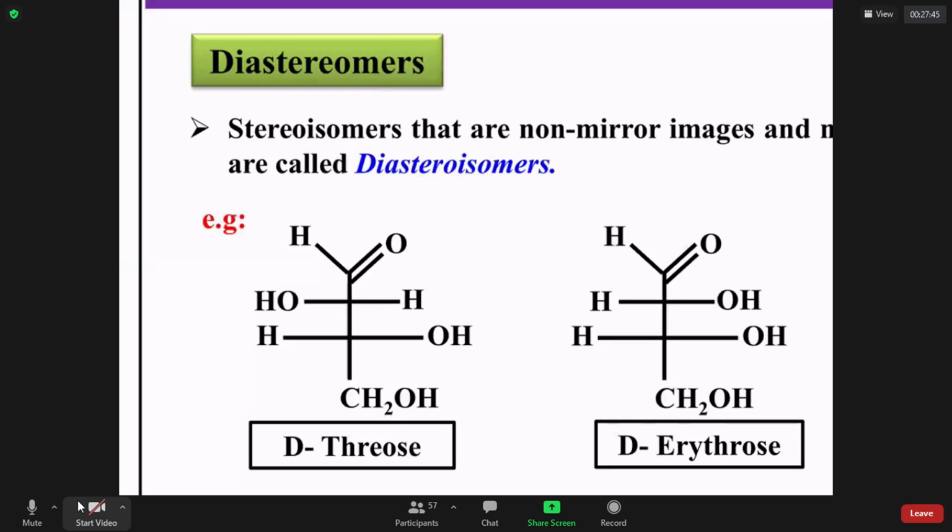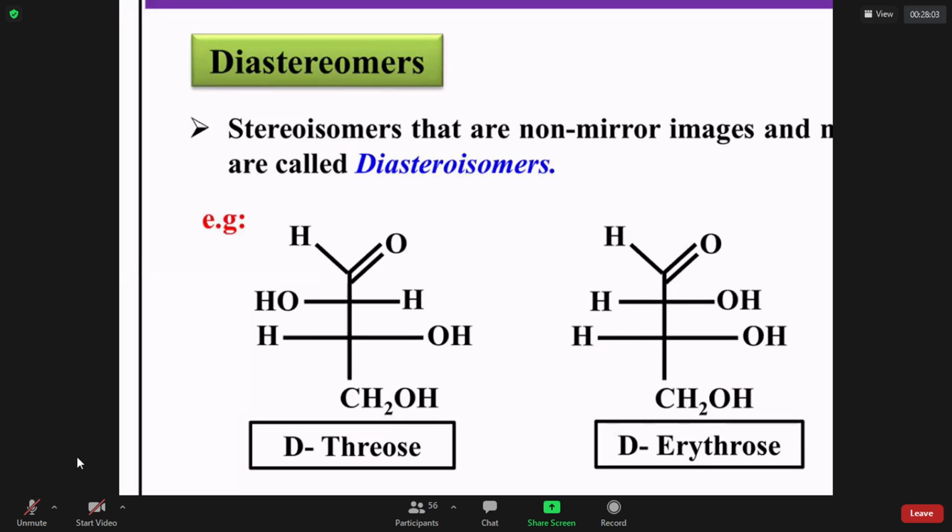That pair of compounds which are not object and image, but still have the same formula, are non-superimposable. One cannot cover the other. They are called diastereomers.